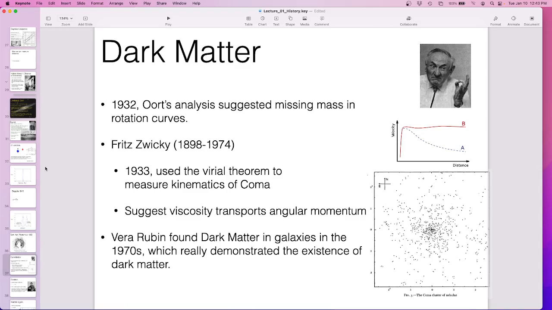This 1933 measurement is the first actual measurement of dark matter, but he didn't call it that. He suggested that it was viscosity, which doesn't make any sense actually, but that's what he had, because he certainly wasn't going to posit a whole field of missing matter just for one bad measurement.